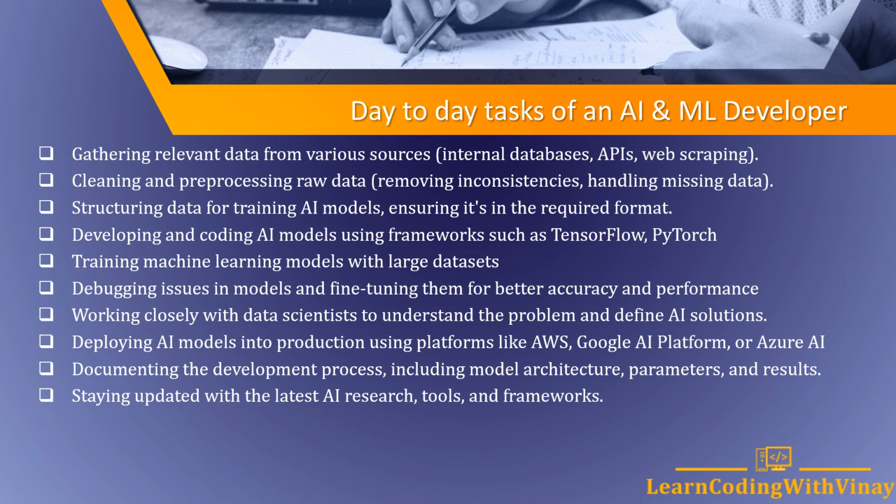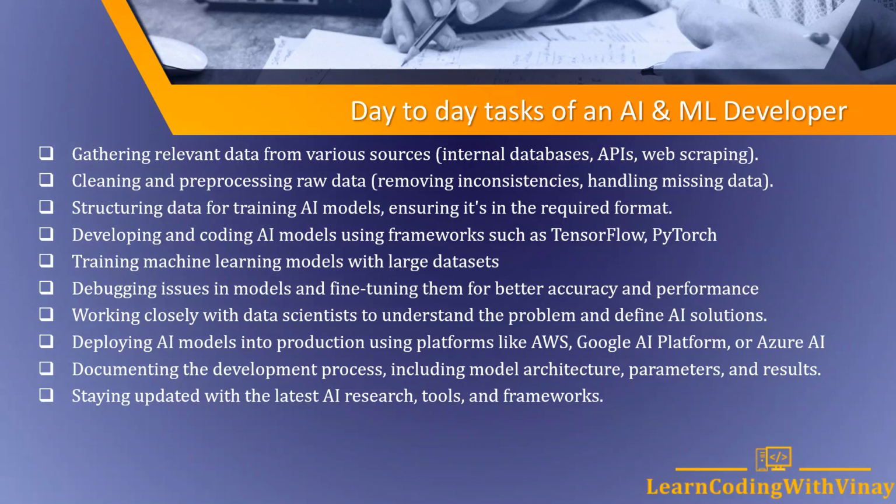Now, these are pretty common tasks of both of them, but what exactly is the difference between AI and ML, artificial intelligence and machine learning? So AI is a very broad term, and ML is a subset of AI. AI is a broad term that encompasses creating intelligent agents which are capable of performing tasks which require human intelligence.